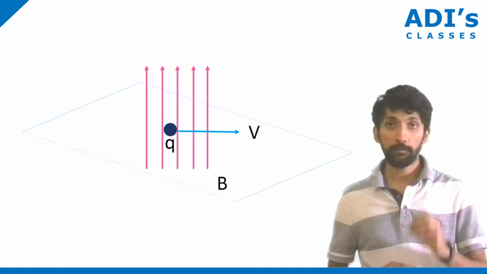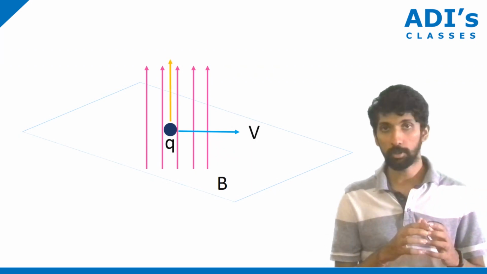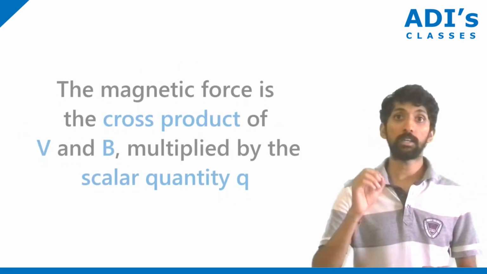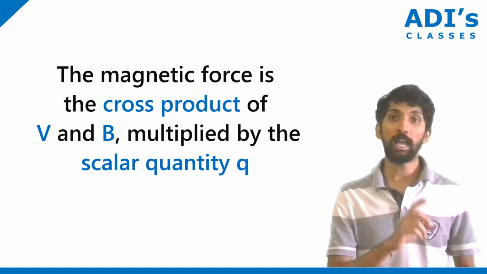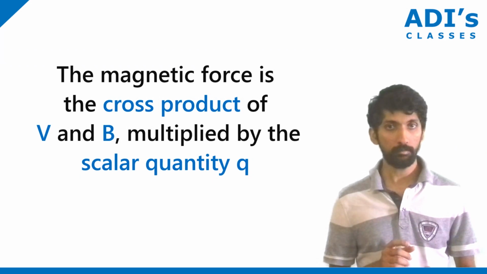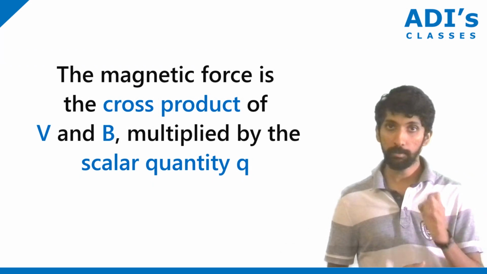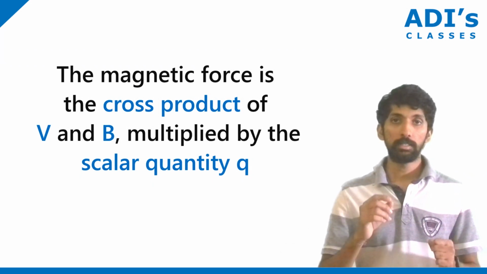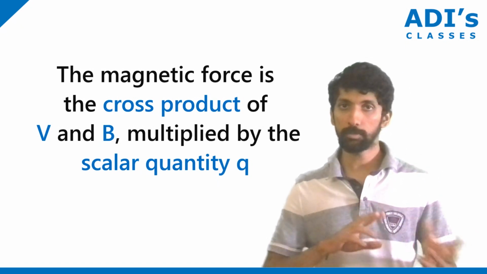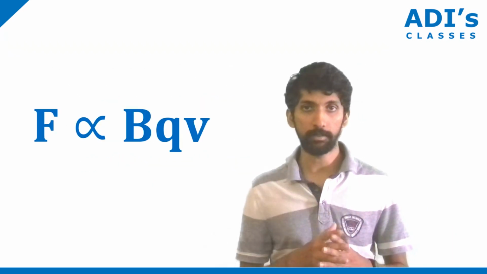The magnitude of that magnetic force is the cross product of V and B multiplied by the scalar quantity Q. Okay, so it is the cross product of V and B multiplied by Q, correct? If you look at the figure, the angle is 90 degrees, so the sine factor becomes 1. So we have F proportional to BQV.